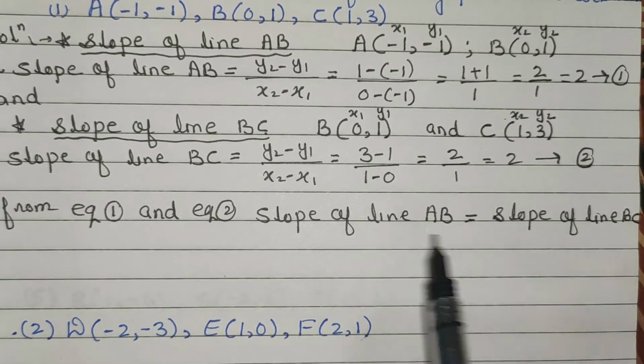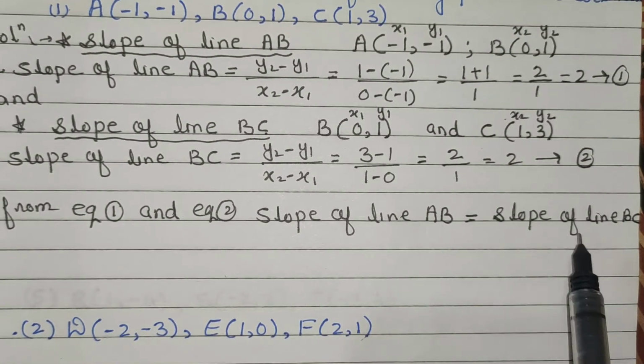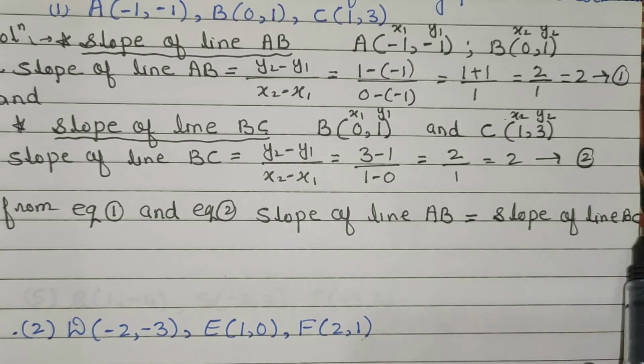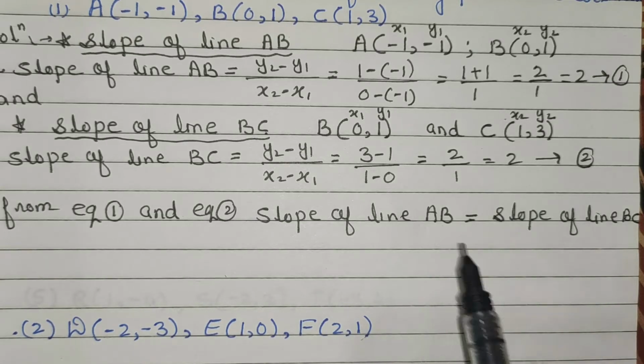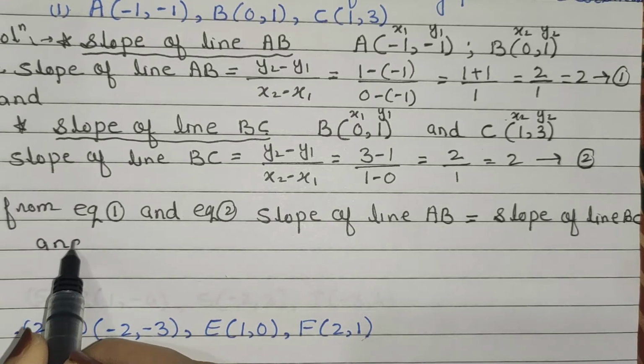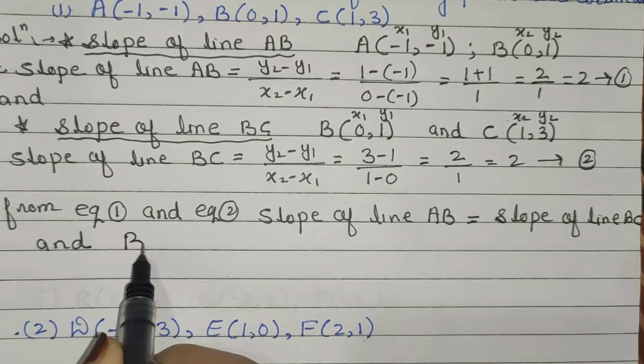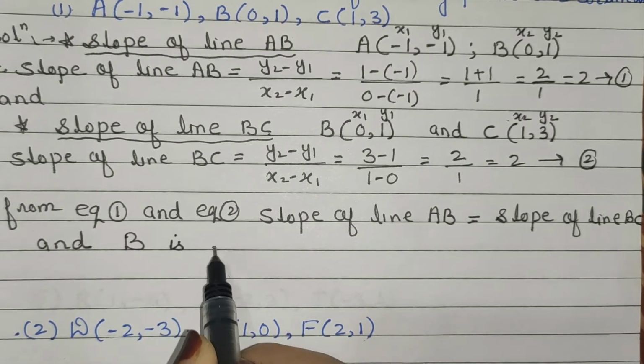Now look here, slope of line AB is equal to slope of line BC. Now here point B is common in both lines, and write down here, B is the common point.